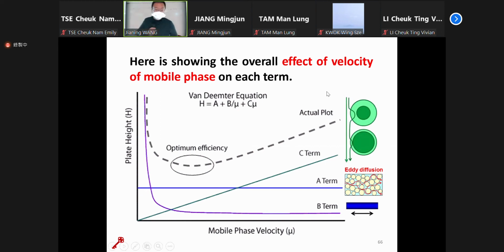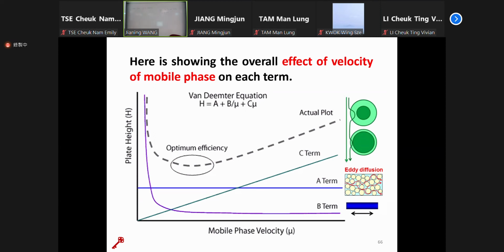Okay, so we know we need to find an optimum point, because of their relationship. So this curve is the final result of the Van Deemter equation.